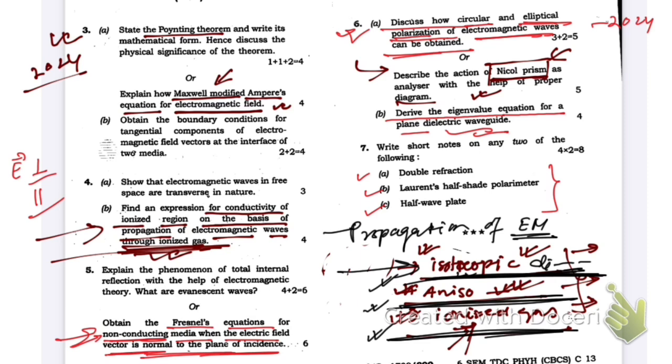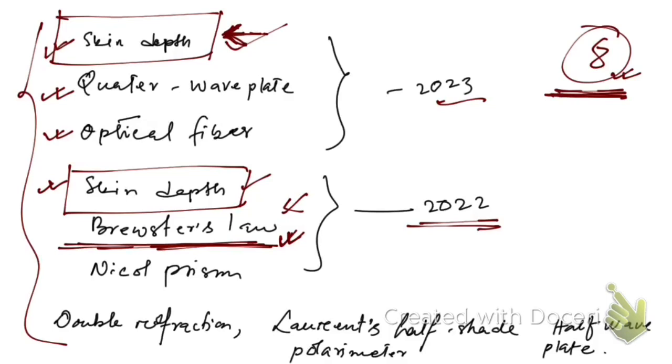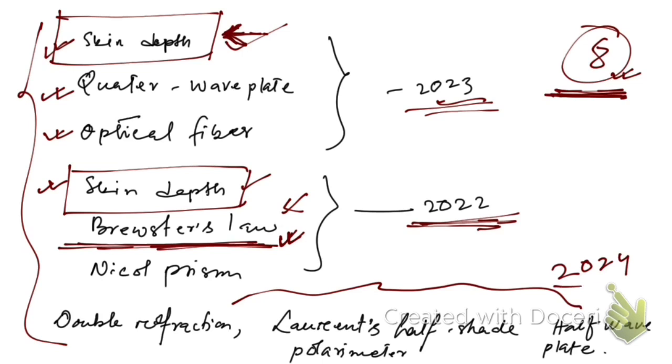Now, boundary conditions for tangential components of electromagnetic field vectors at the interface of two media. If you study these topics clearly, it is quite possible that short notes will be repeated from these topics. Already we have got 8 topics here, which were asked in 3 years: 2022, 2023 and 2024.